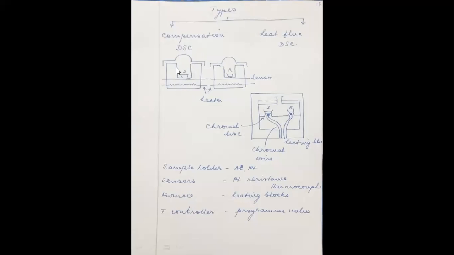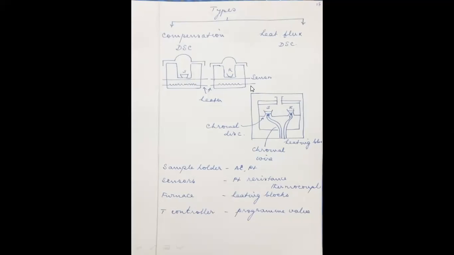This is the sample pan, and below the sample pan there is a sensitive sensor, and below the sensor there is a heating wire. This is a resistance wire, which is a part of the heater. When electricity passes through this wire, the wire will get heated up, which will be sensed by the sensor, and the actual quantity of the heat energy supplied to raise the sample temperature is noted down.